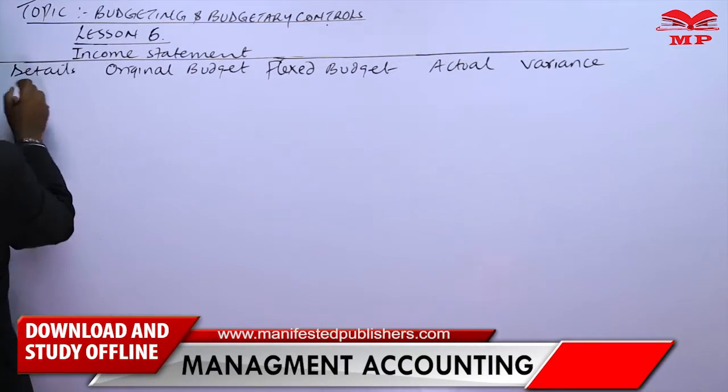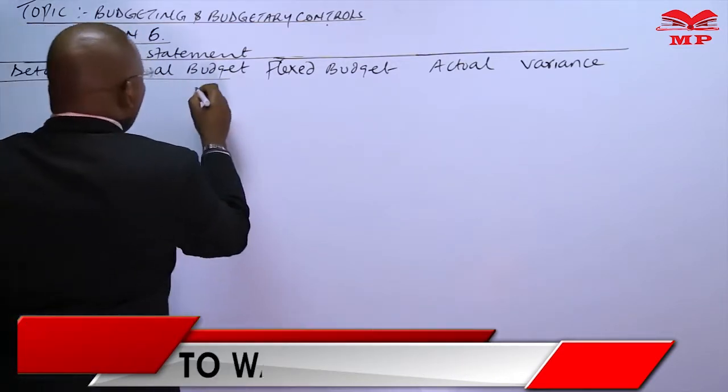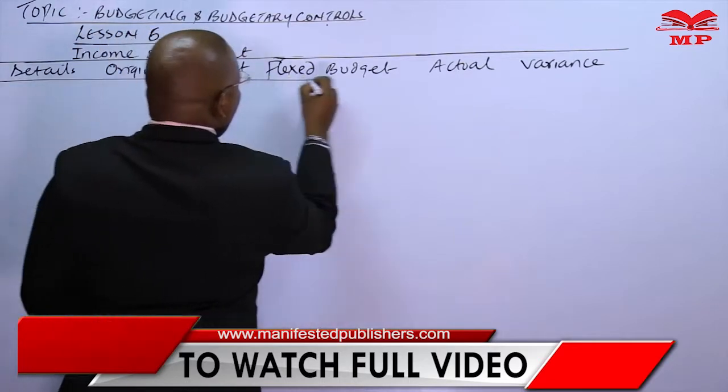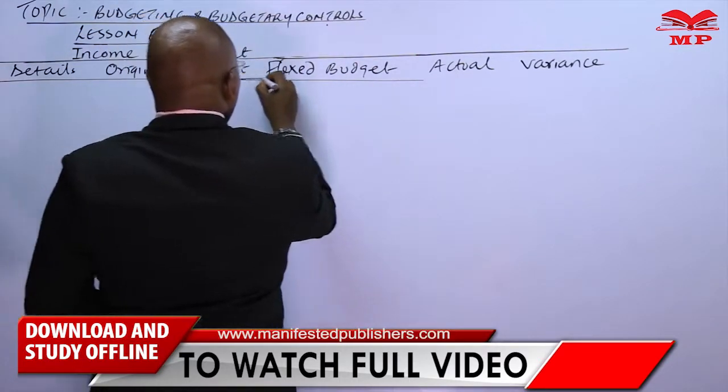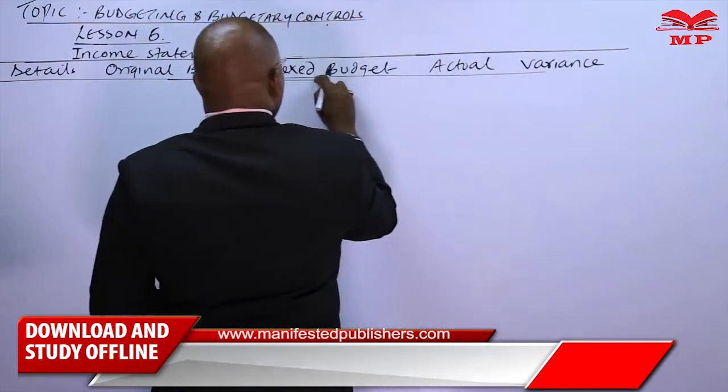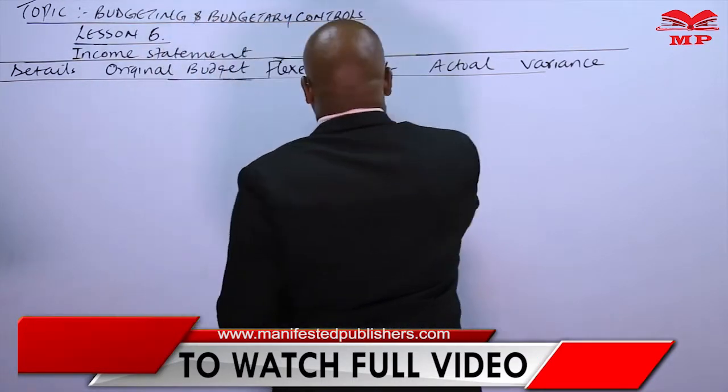Anytime you're comparing the original budget or the flexed budget with the actual, the difference you get is what we refer to as variance.